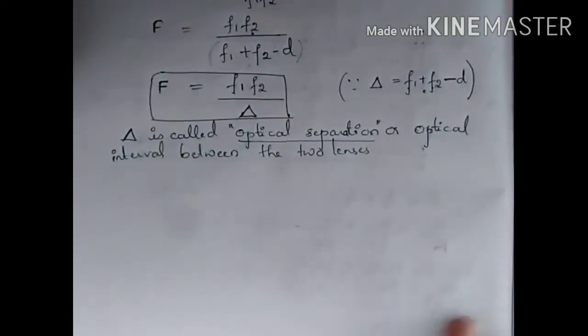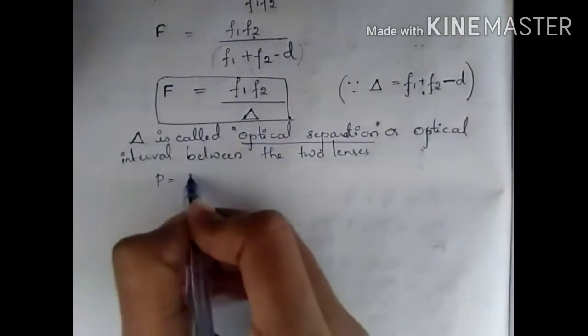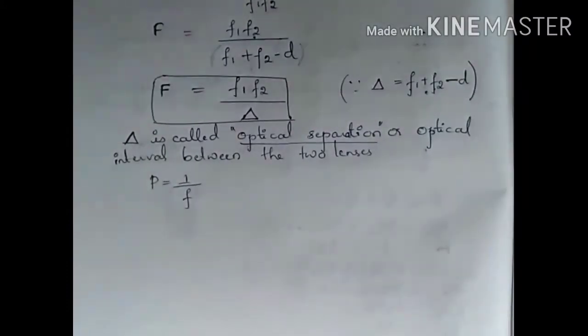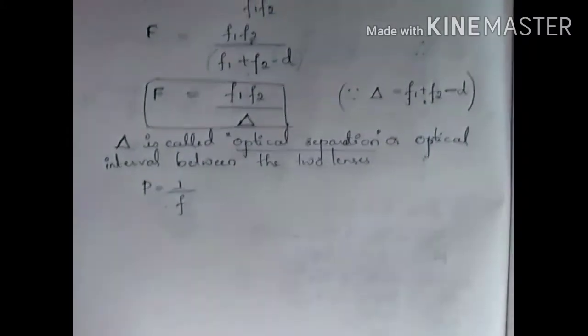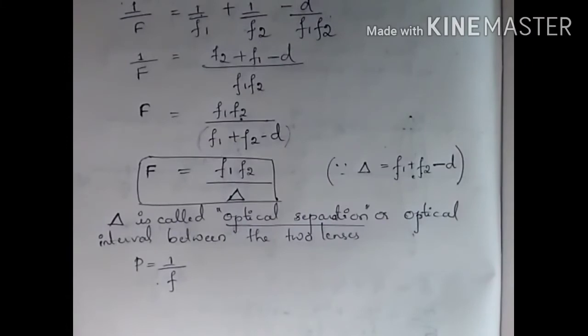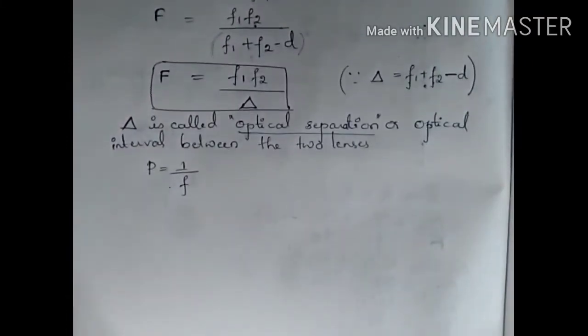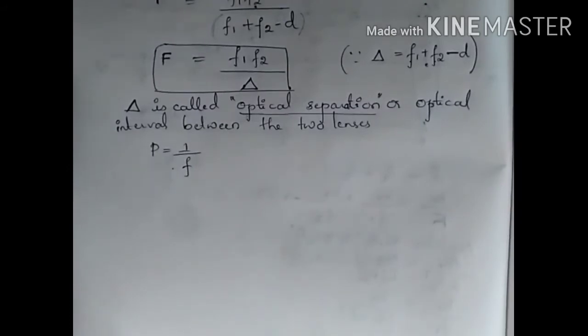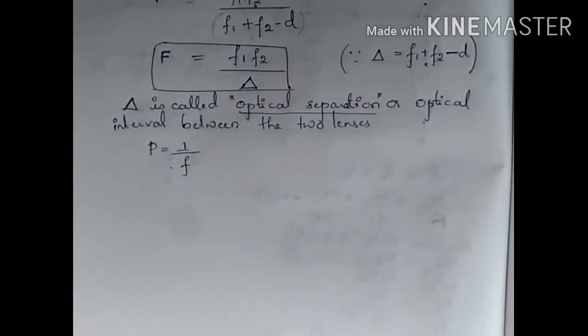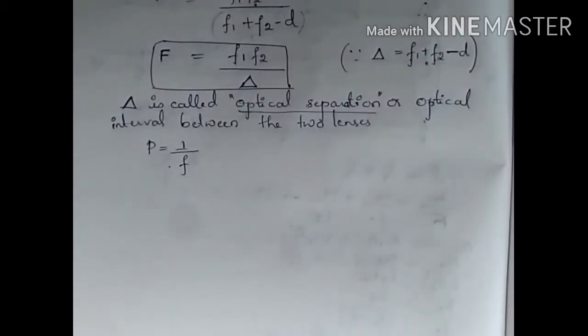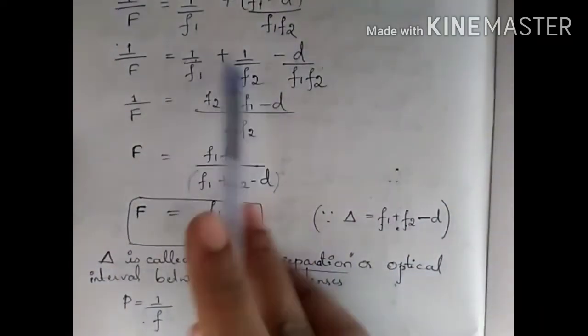We know that power is equal to 1 by f. From this we can write the overall power for the combination of the two lenses with the help of this equation.